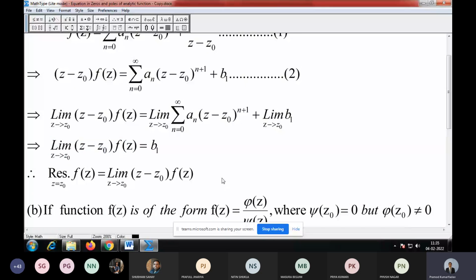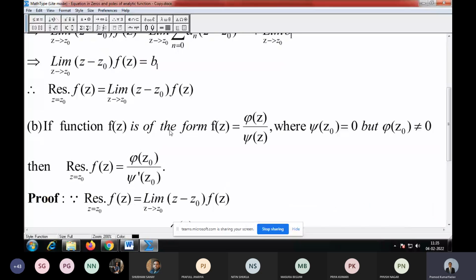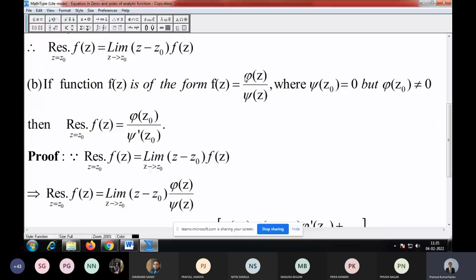Now next is another way. If a function f(z) is of the form f(z) equal to phi(z) divided by psi(z), where psi(z naught) is 0 but phi(z naught) is not equal to 0, that will indicate that this function f(z) is not analytic at z equal to z naught.